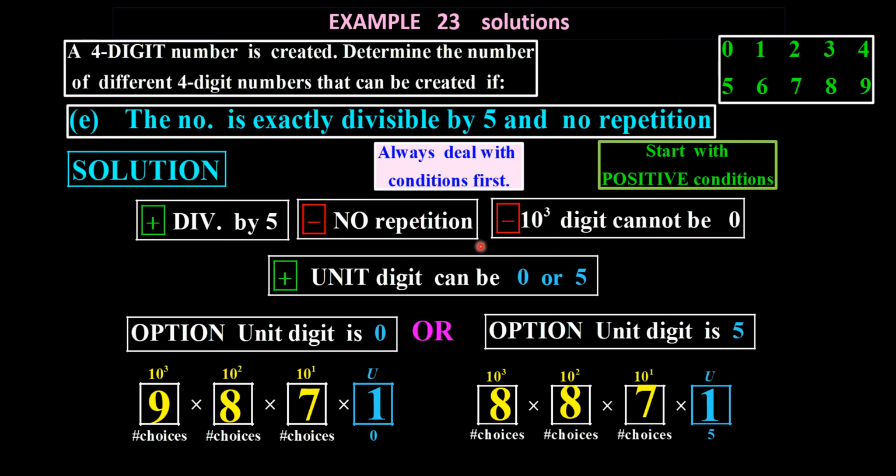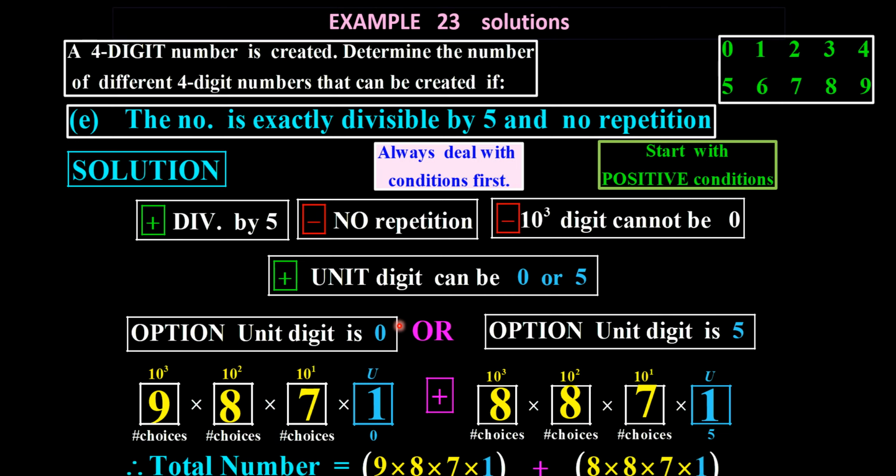And we're having the choice between the unit digit being 0 or the unit digit being a 5. And then I'm going to use my sum rule, so that I'm going to find the sum of those options there. And if we calculate that, that's 504 plus 448, that's 952.